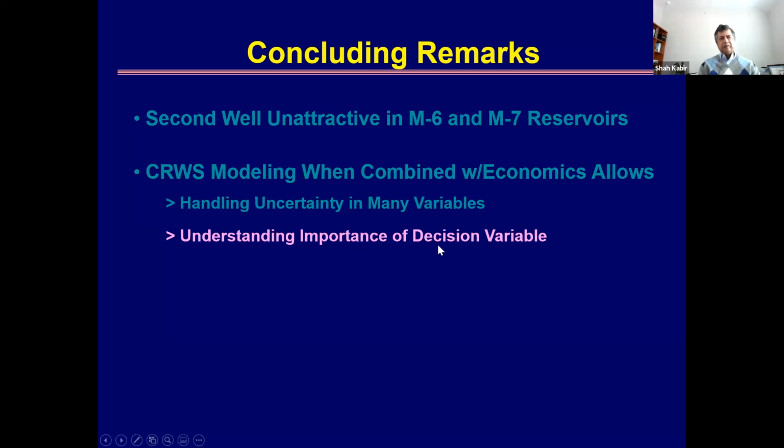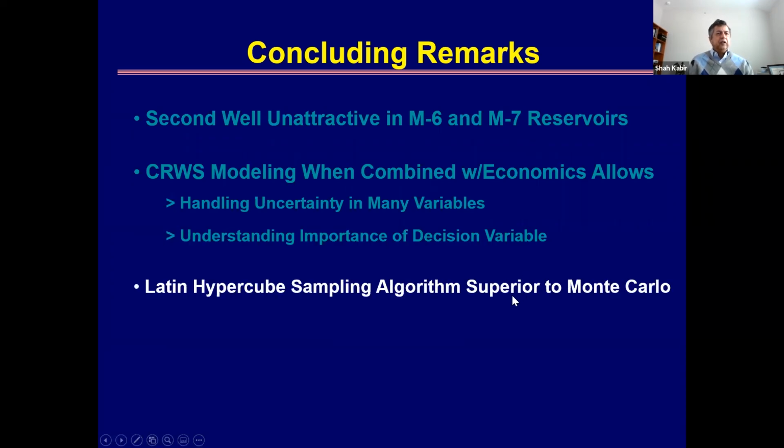And the decision variable, if it is the net NPV or any other profitability index, whatever you want to use, can be brought to bear. Our overwhelming learning was that Latin hypercube sampling is better than Monte Carlo.